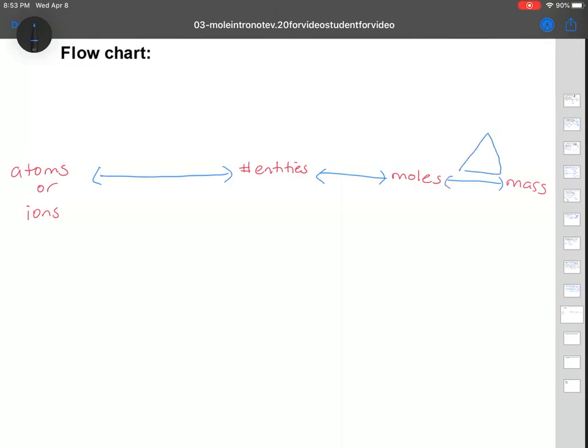So if you're given mass and it asks for atoms, for example, then you would have to convert mass into moles first, and then moles into entities using Avogadro's number. And then the last formula we just did to change it into atoms. Okay, so this is not easy to write, sorry.